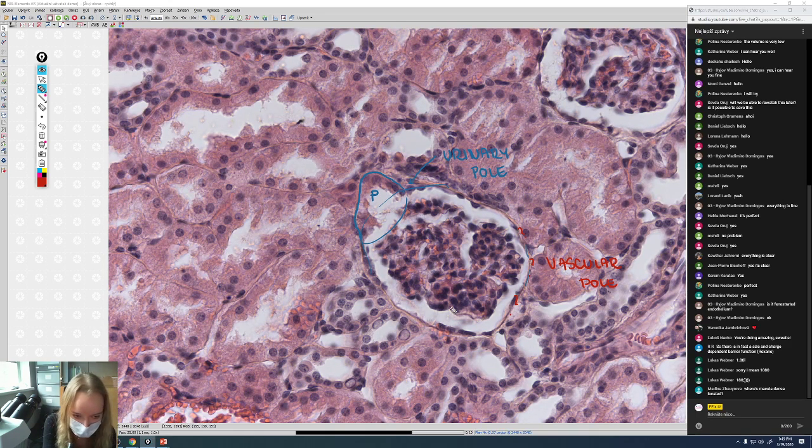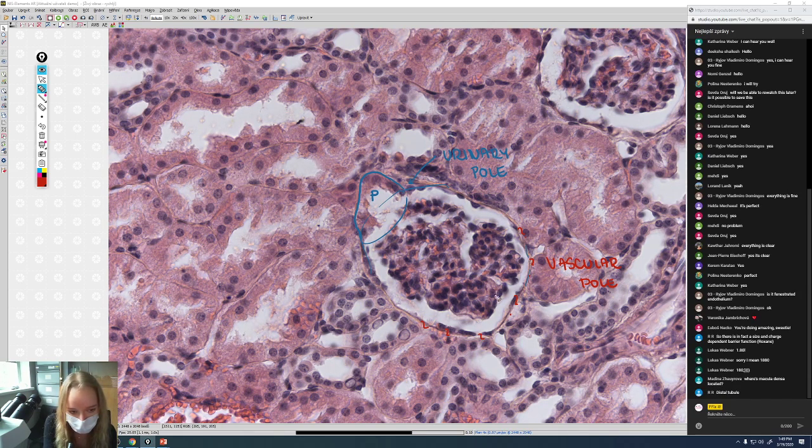We just see the glomerulus with the podocytes and the mesangial cells, but we really cannot see where the vessels are coming through to the glomerulus. So probably the vascular pole should be somewhere on the opposite side of the urinary pole, somewhere here.